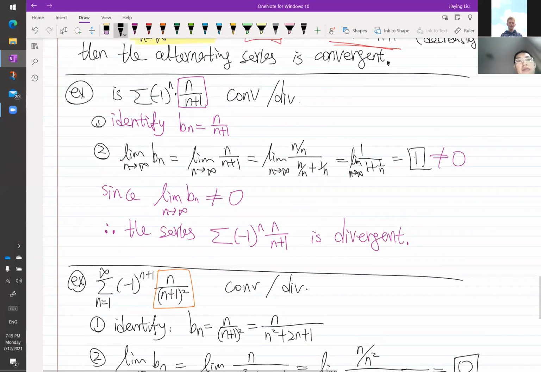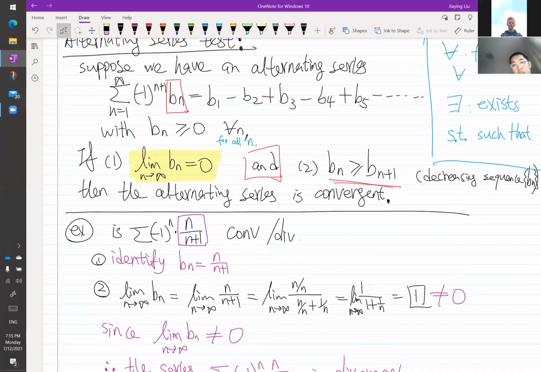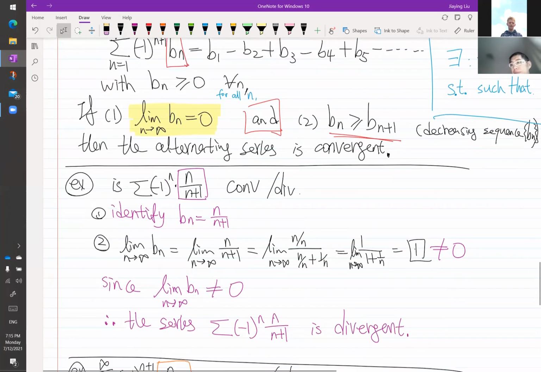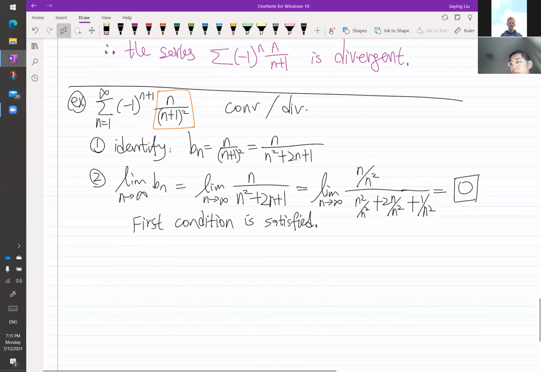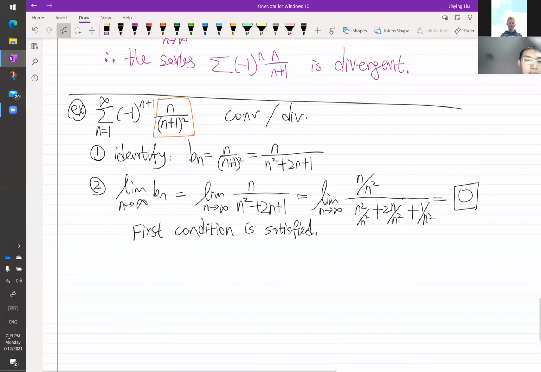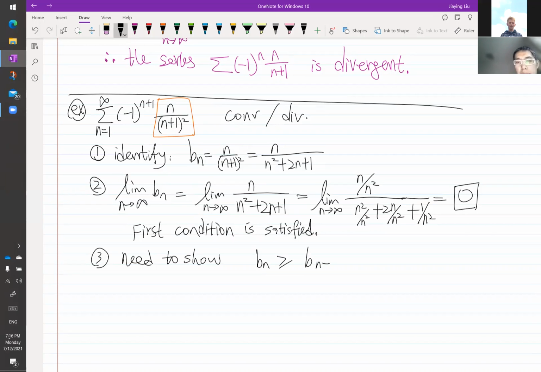But that's not enough. We have to show that the second condition is also satisfied. We have to show that Bn is greater than or equal to Bn plus 1. So the third step is that we need to show Bn is greater than or equal to Bn plus 1 before we can make the conclusion.